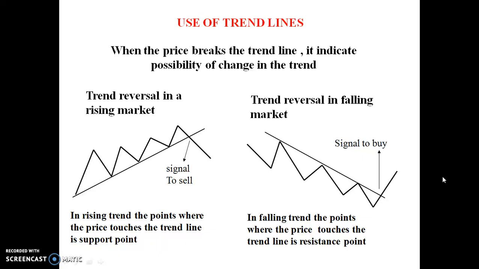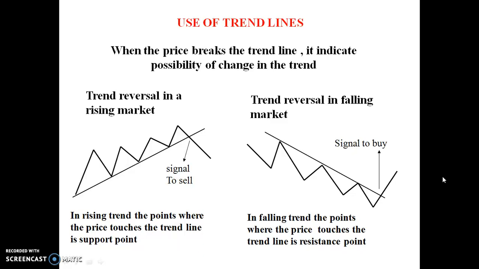As shown in the left sketch, if a strong trend line is broken and price starts falling in downward direction, one can decide to sell the stock because violation of the trend line by stock prices indicates possible change in the prior uptrend.